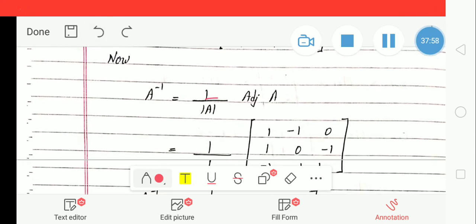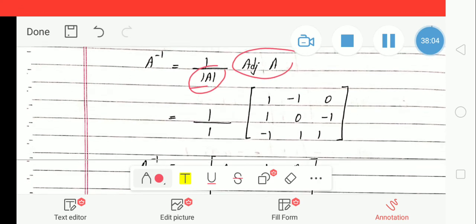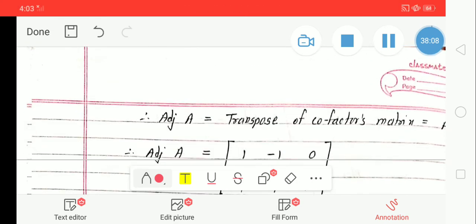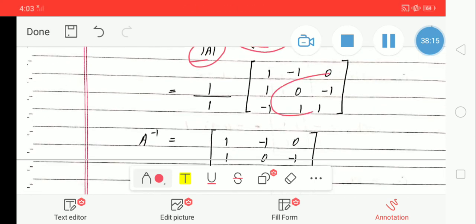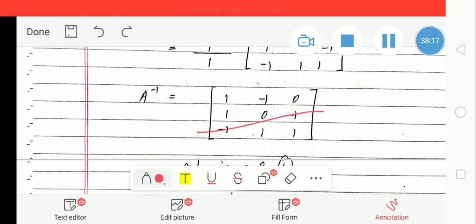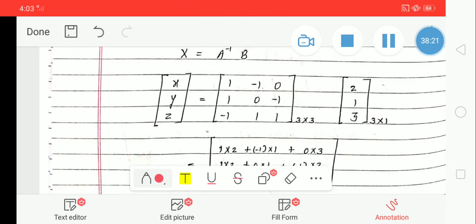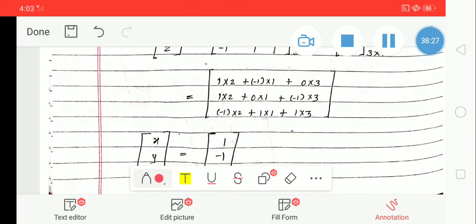We put in all the values: 1 upon mod of A, whose value is 1, and the adjoint of A, which is the transpose of the cofactor matrix, is this. So the inverse is this one. Now put it in equation number 4, putting in the value of A inverse.